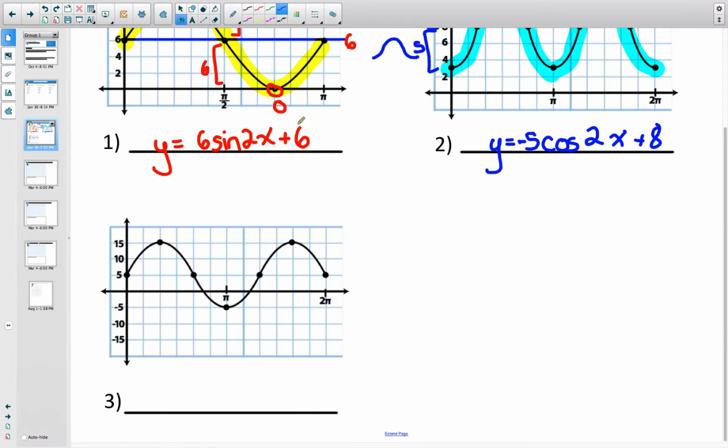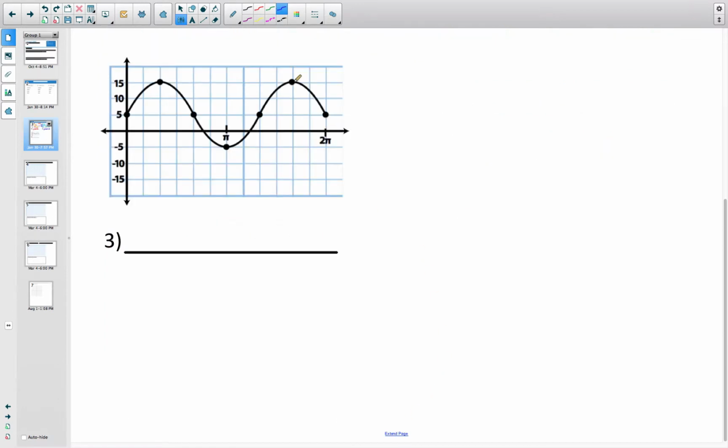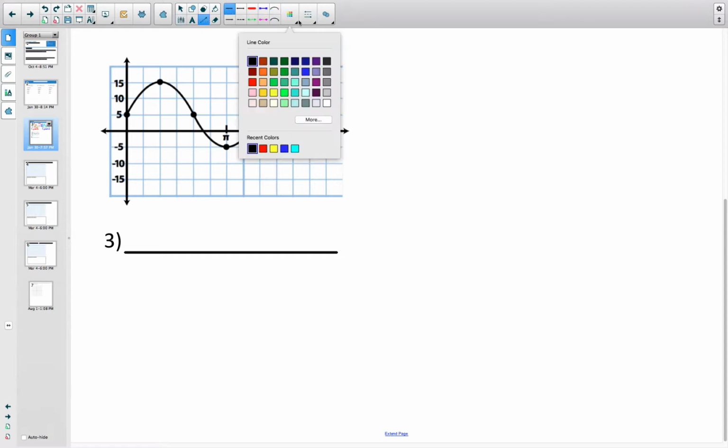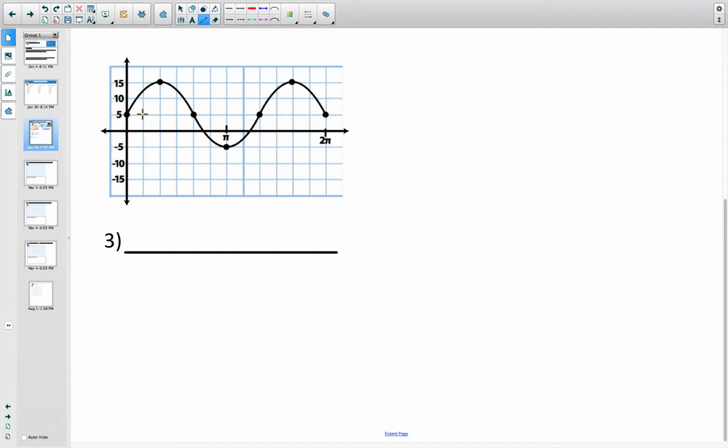And finally, our last example. We'll take a look and see what our midline would be. Looks like the midline is at 5 for this one. Next, we'll determine whether it is a sine or a cosine curve. This one looks like it is a sine curve because it starts at the midline.